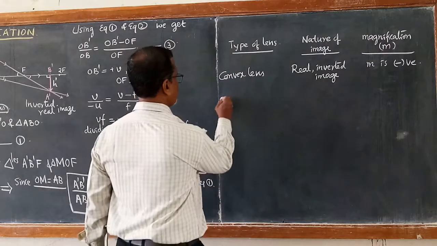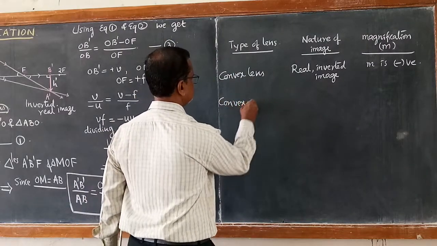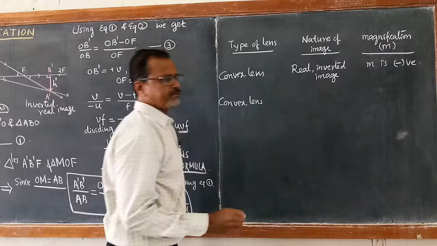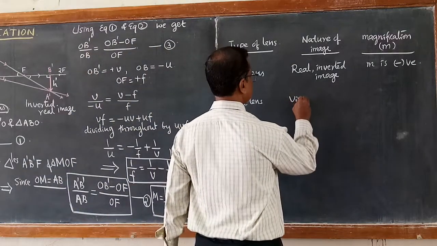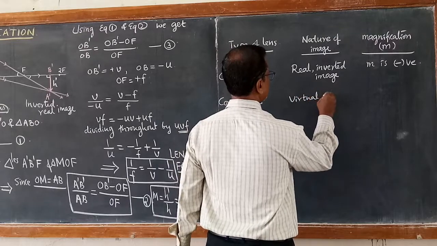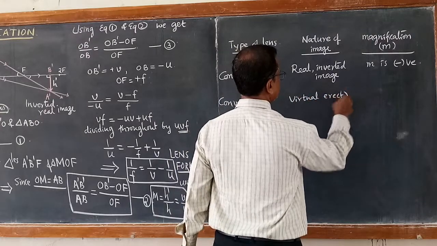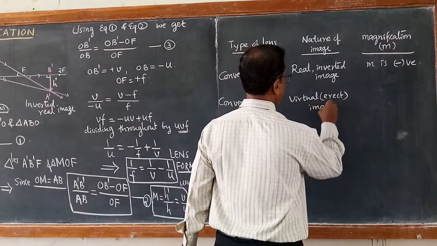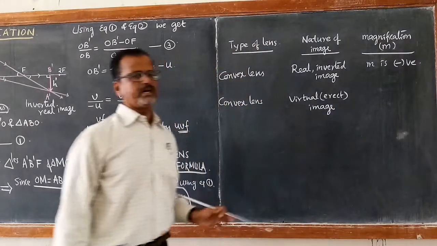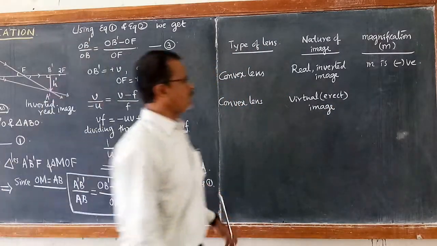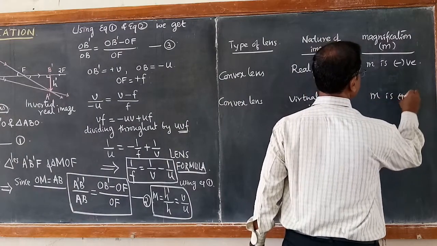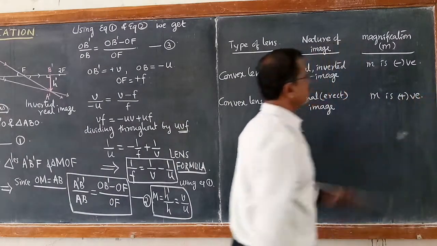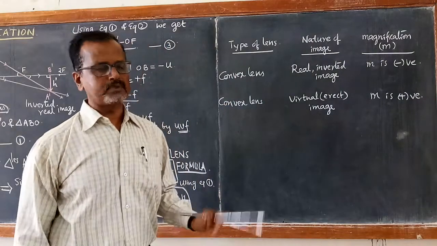For the same convex lens, if it forms virtual erect image, virtual image will always be erect image for convex lens. Then M is positive. M takes the symbol positive.